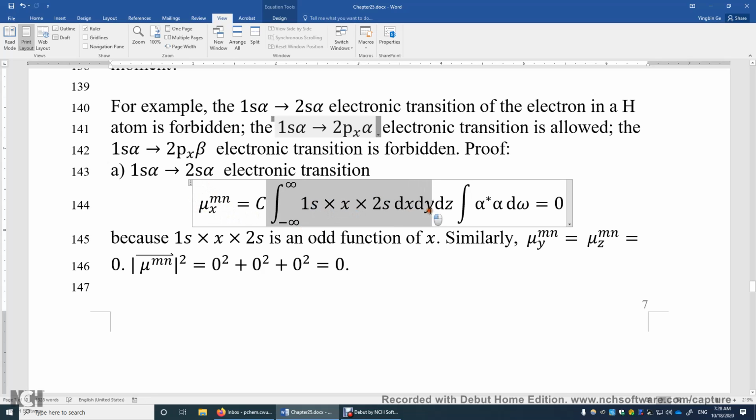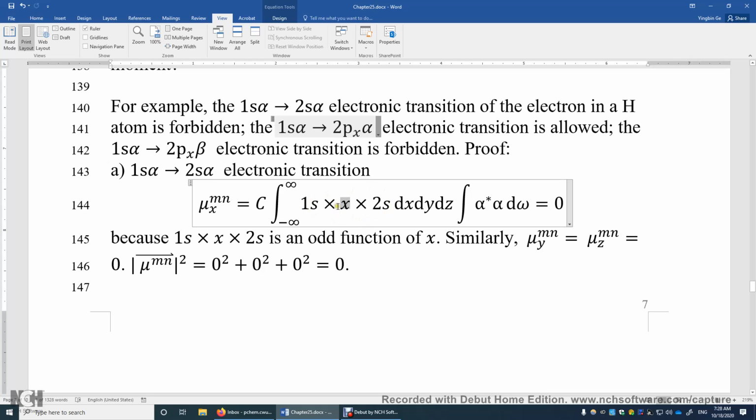Now, when we look at this integral, we can easily see the 1s wave function and 2s wave function are both even functions of x. And this x, you can tell, is an odd function of x. So you are integrating an odd function of x.